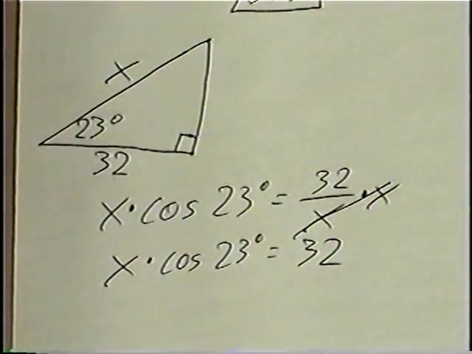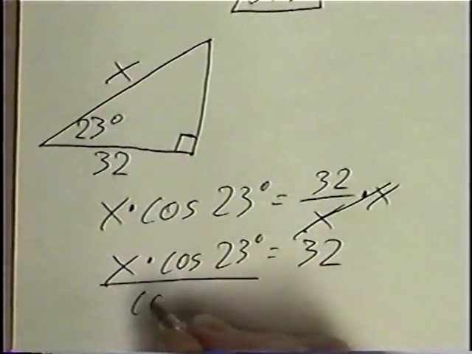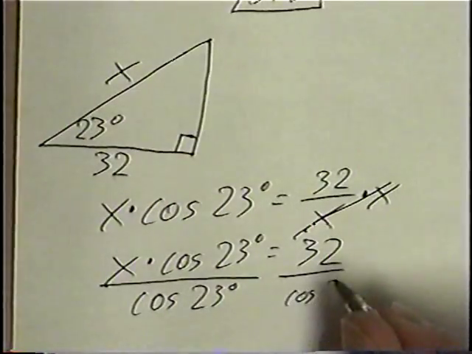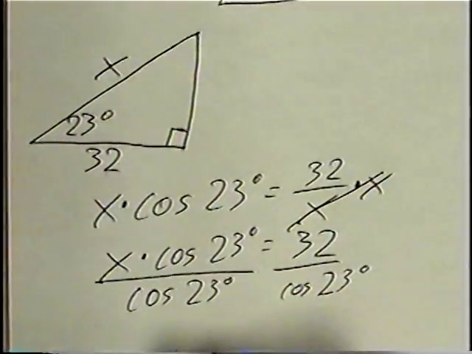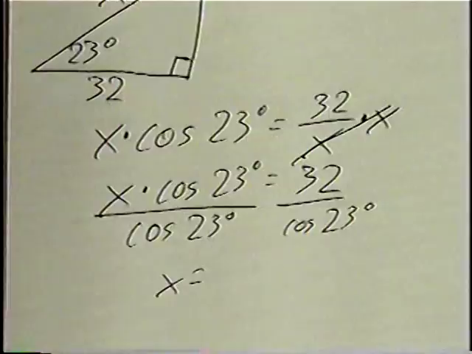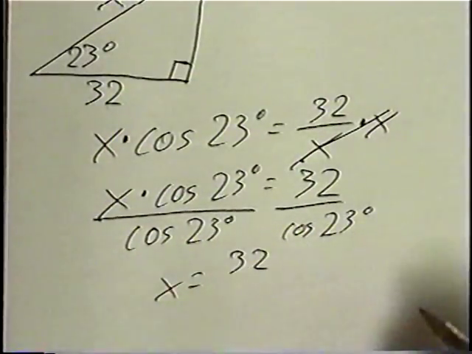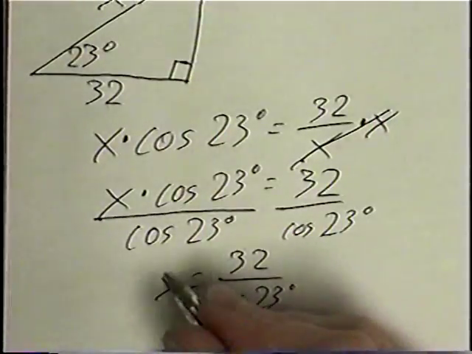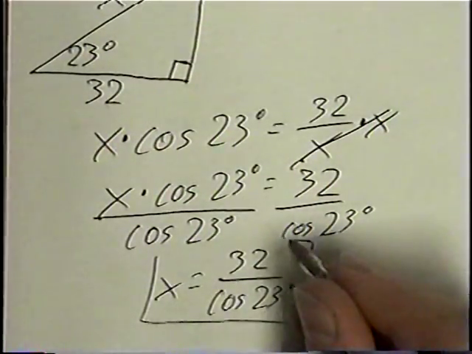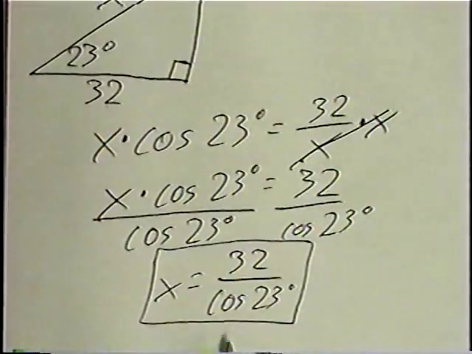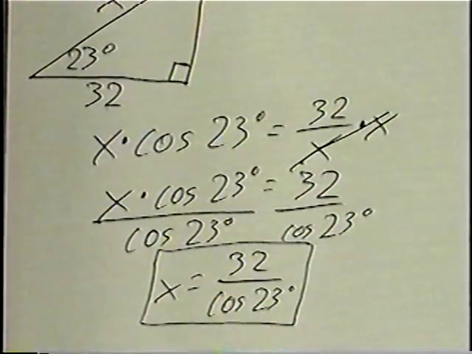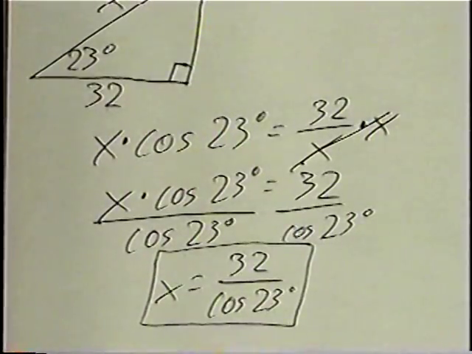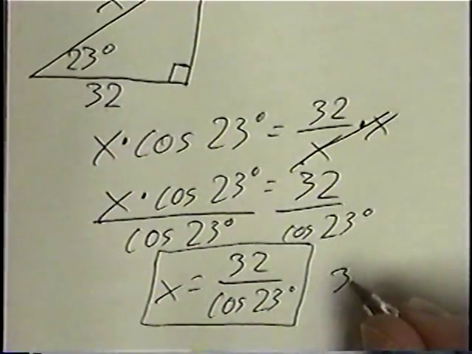And last step, to get x by itself, we can divide by cosine of 23 degrees, and we'll have x equals the fraction 32 divided by cosine of 23 degrees. And again, you could use a calculator to find the cosine of 23 degrees. 32 divided by the cosine of 23 degrees is equal to 34.8.